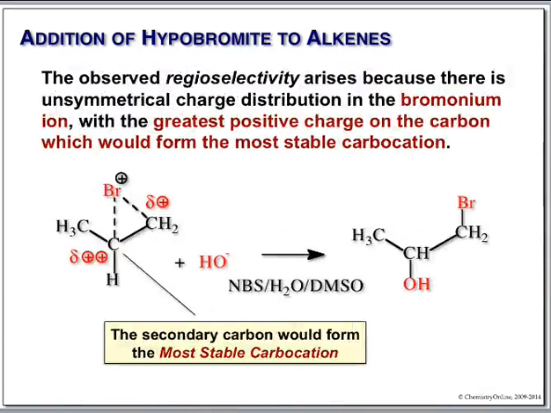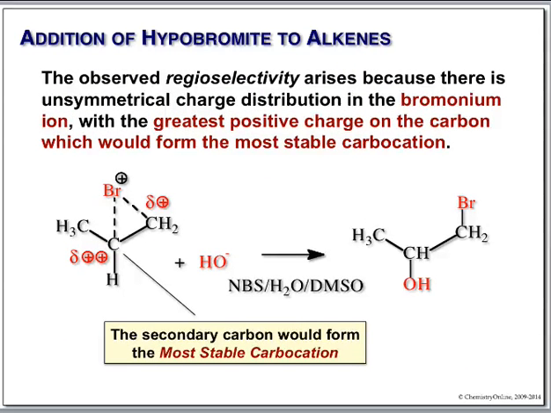Why do we have Markovnikov relative to hydroxide? Well, if you really look at the bromonium ion intermediate here, molecules will adjust their electron density to make themselves the most stable. If they're willing to give up electrons, they will. Our primary carbon can give up fewer electrons than our secondary carbon.